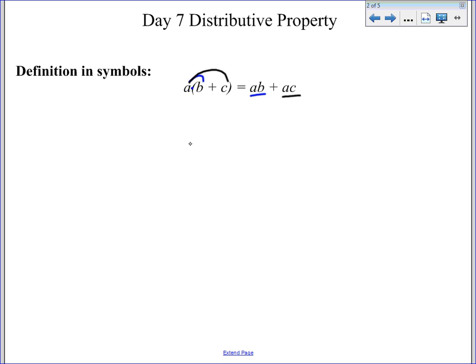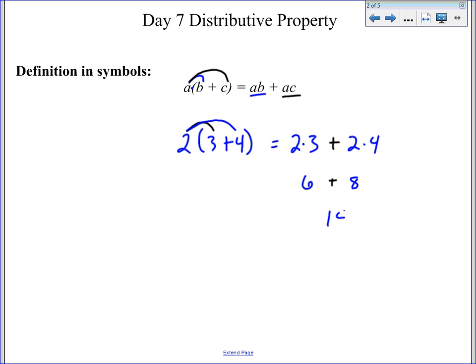How that applies numerically, you can take the 2 times the 3, or outside times the first, and that will give us 6. Then, since there's an addition sign, we're going to add the outside times the second, which is 2 times 4, which is 8. 6 plus 8 is 14.